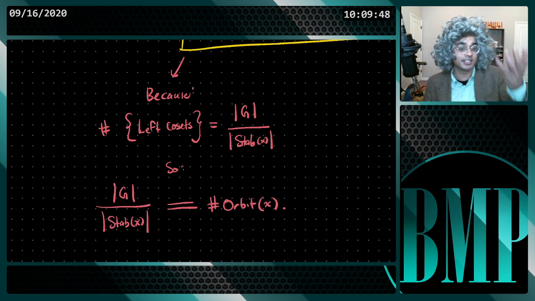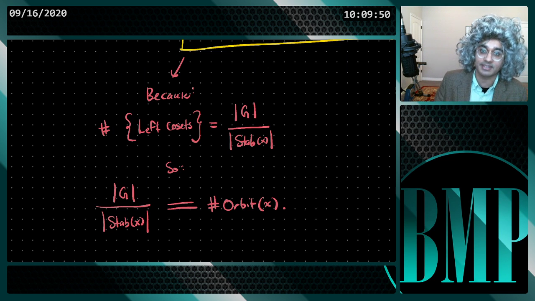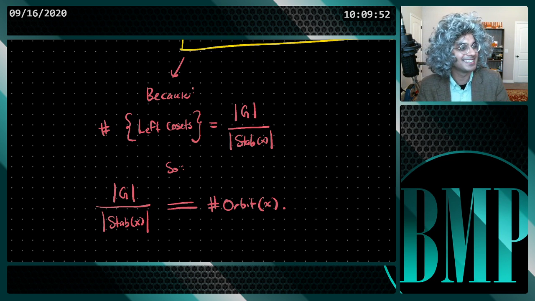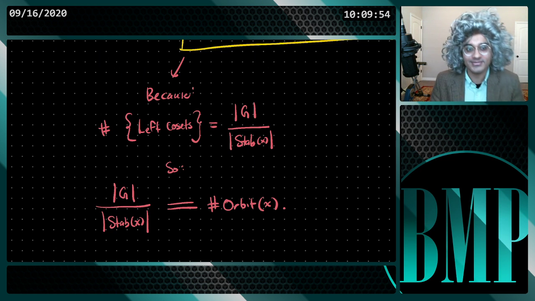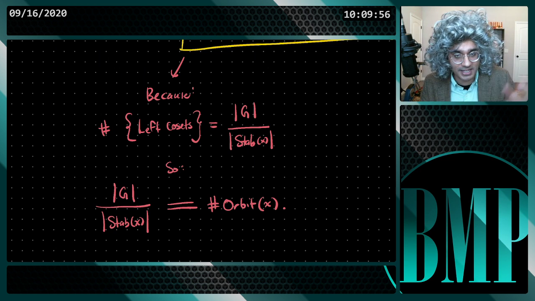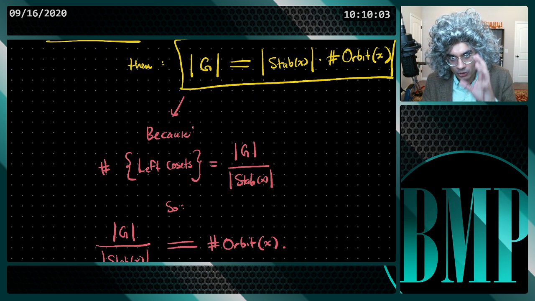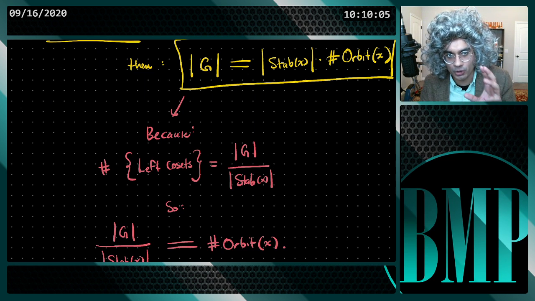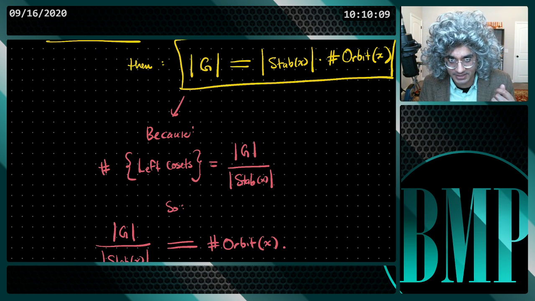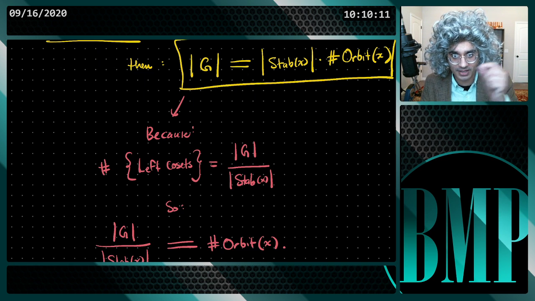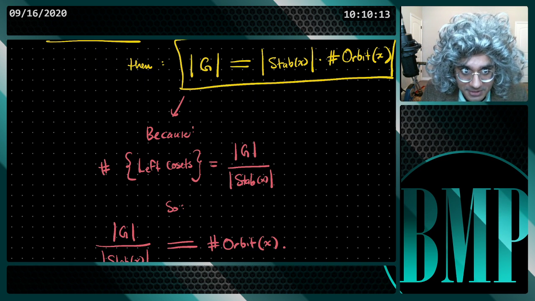So that translates into this quotient equaling that number. All right? In the presence of a finite group, the set X doesn't have to be finite, but the group G has to be finite. Notice if the group G is finite, then of course the orbit of a point will also be a finite set. You can only visit at most finitely many other points.